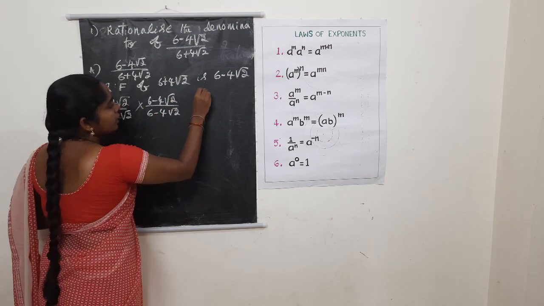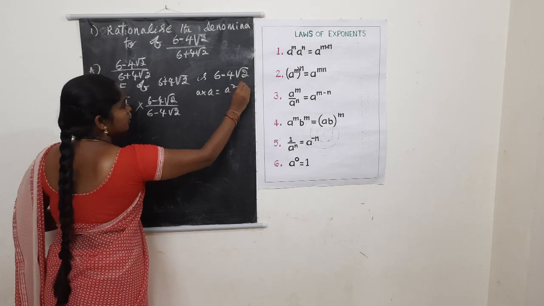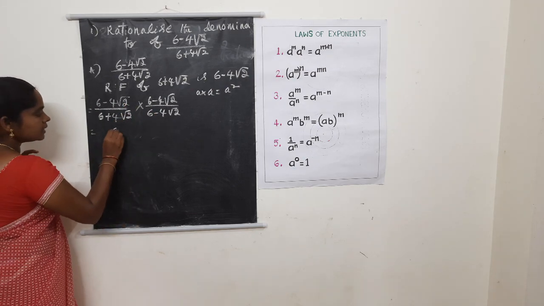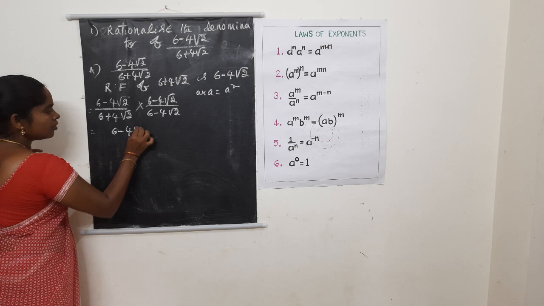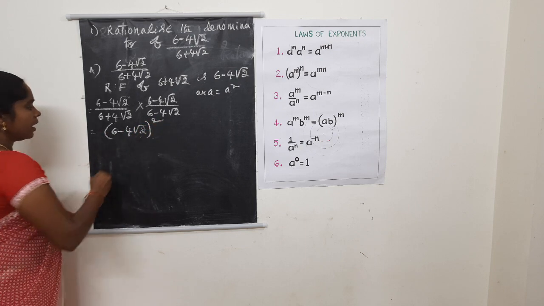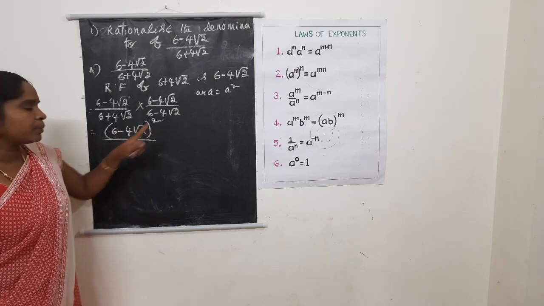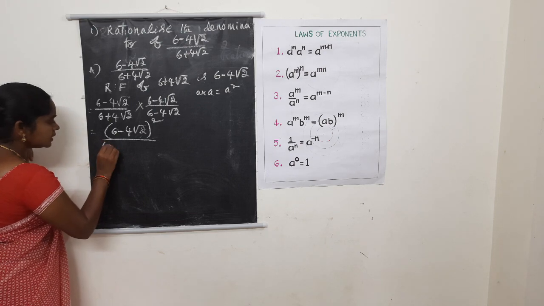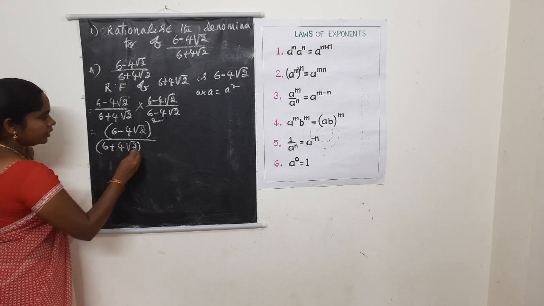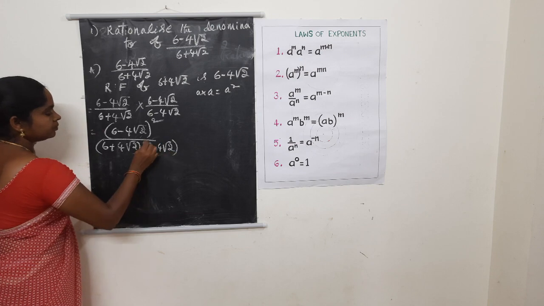So 6 minus 4 root 2 into 6 minus 4 root 2 can be written as 6 minus 4 root 2 whole square, and 6 plus 4 root 2 into 6 minus 4 root 2 in the denominator.